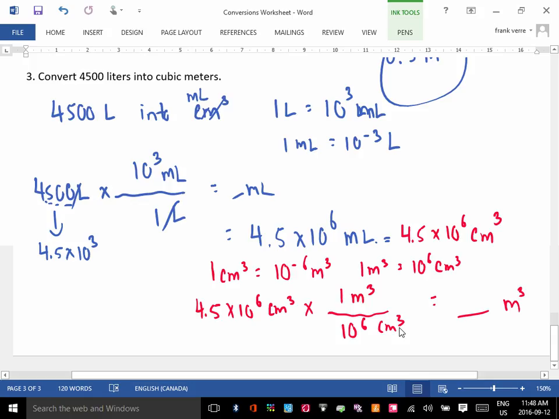Now look, just by looking at it, what's going to happen here? What do you see here? 10 to the what? They're going to cancel out. What are you left with? 4.5 cubic meters.